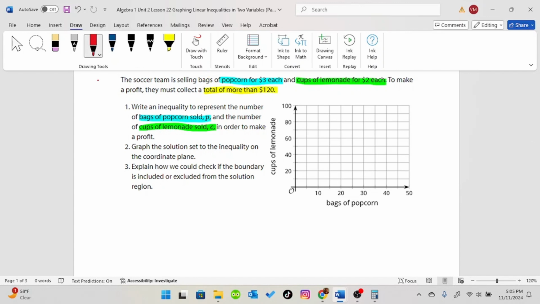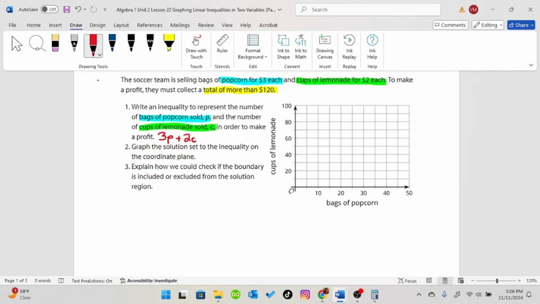$120. So for number 1, if I was to write this, it would be 3P to represent $3 times the number of bags of popcorn sold, plus 2C to represent $2 times the number of cups of lemonade sold.